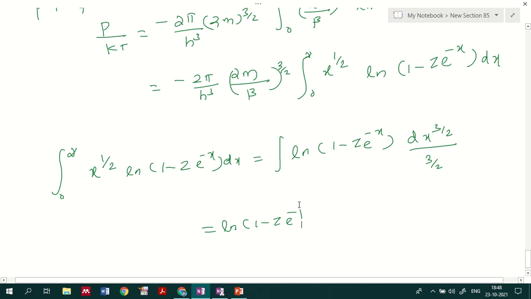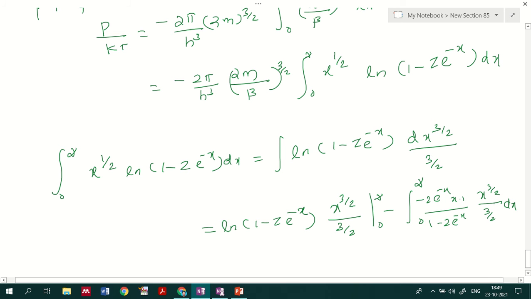e raised to minus x, okay, x raised to 3 by 2 divided by 3 by 2, then you have to give the limit 0 to infinity on the other side, and the next part will be 0 to infinity minus 2 minus x into x into 1 divided by 1 minus z e raised to minus x, raised to 3 by 2 divided by 3 by 2 dx.